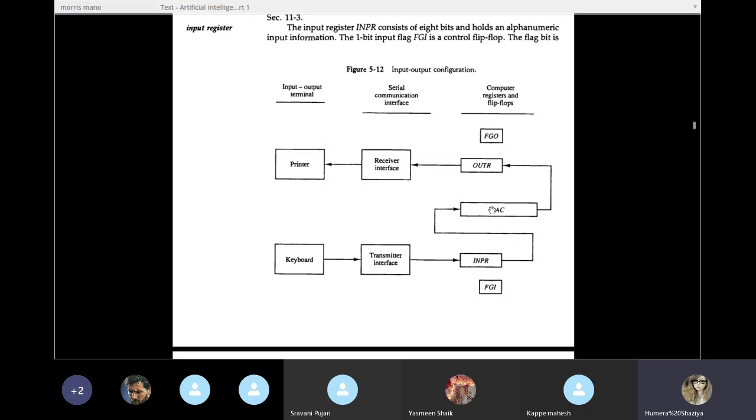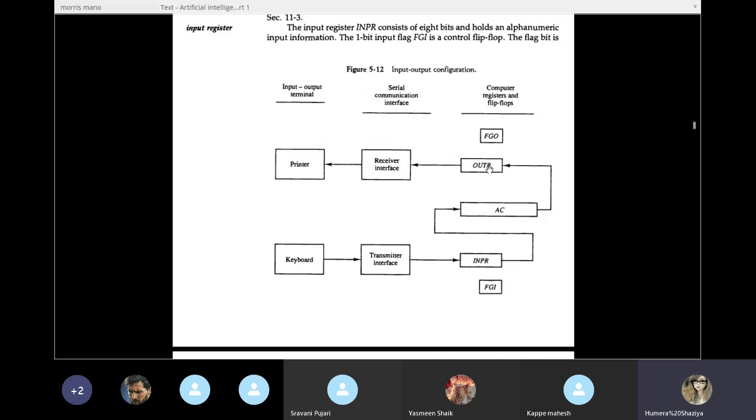So what happens is the accumulator puts that in the output register. That 5 will move from the accumulator into the output register, and then this flag is set to 1 to indicate that there is data available in the output register.